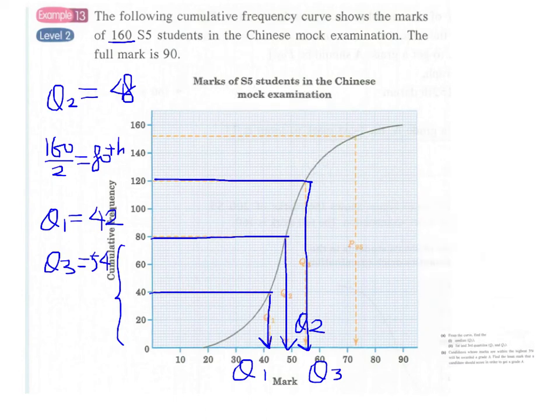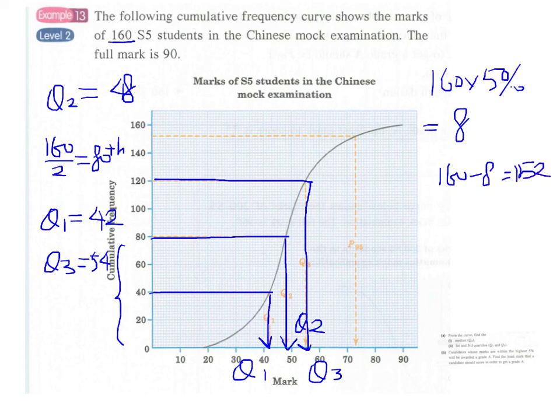So if we multiply 160 by 5%, we have 8 students. So we just look up the 152 value. We subtract 160 by 8.